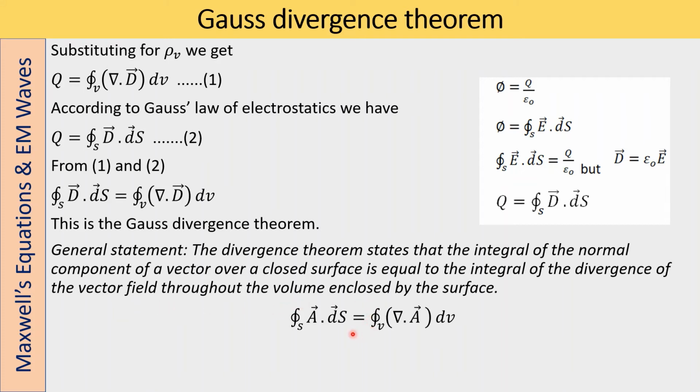So this gives the normal component of the vector over the closed surface, and this gives the integral of the divergence of the vector field throughout the volume enclosed by that particular surface.